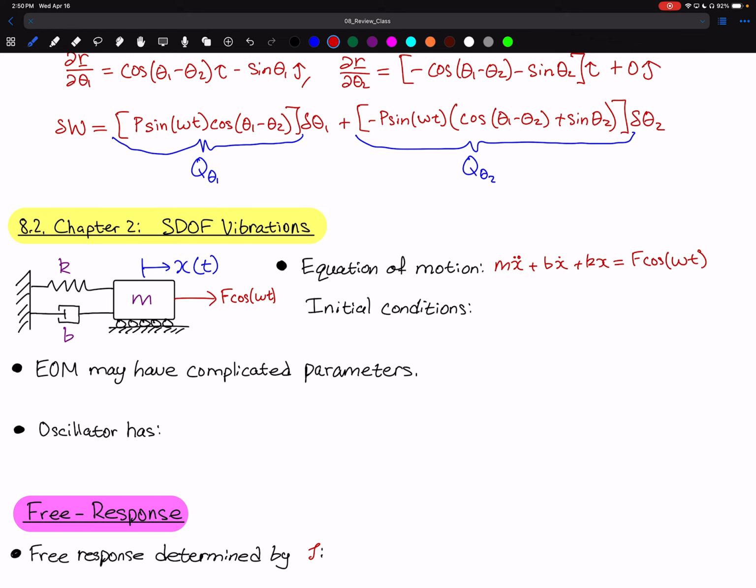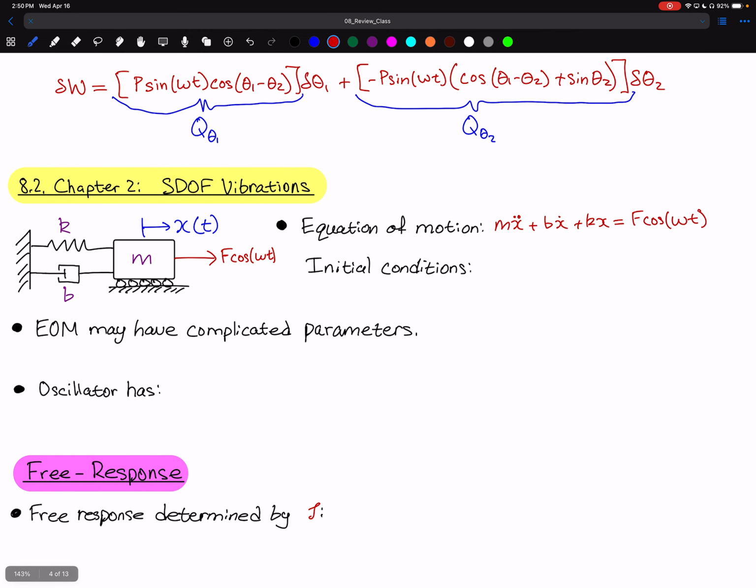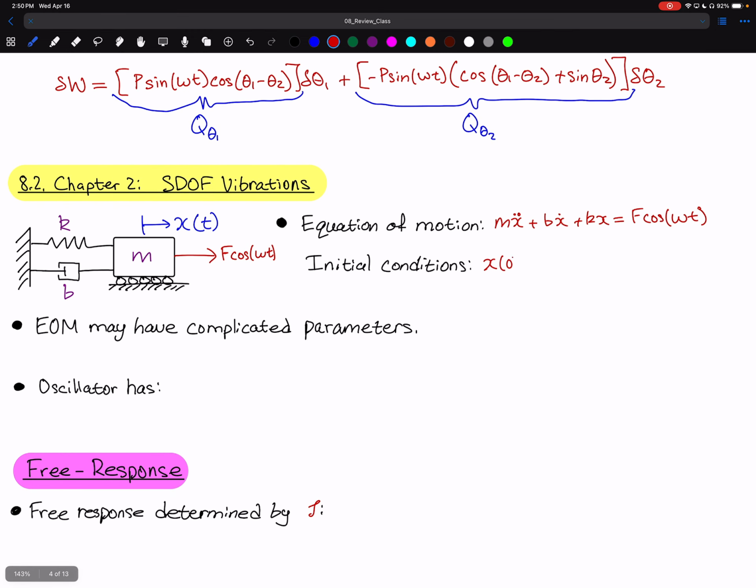And then we also need to prescribe some type of initial conditions. We'll just say here that x of 0 is equal to x sub 0, and x dot of 0 is equal to v sub 0.